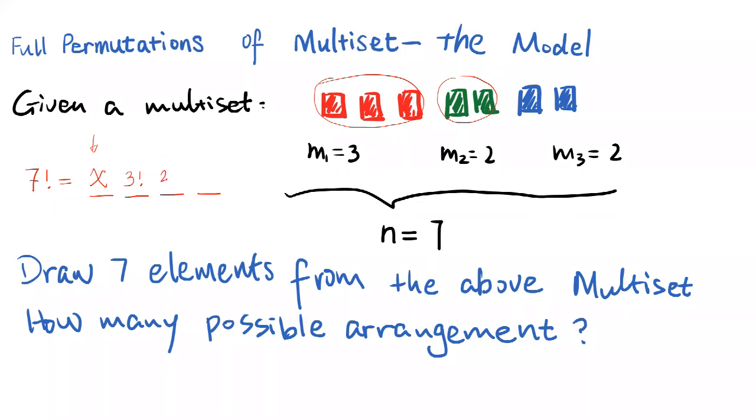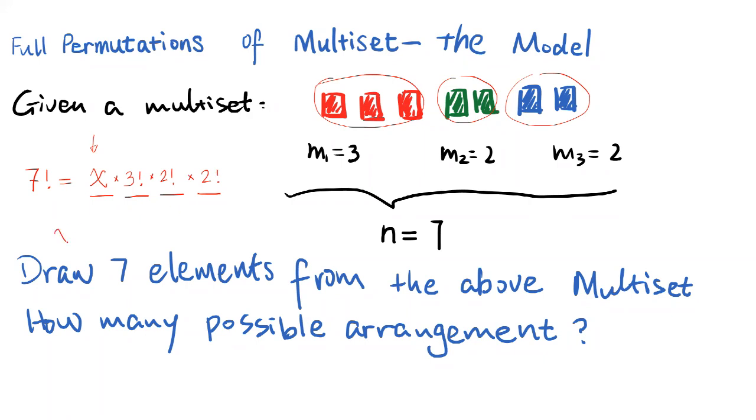So that means we have 2 factorial number of ways to do this. And similarly, for the 2 blue identical blocks, we have 2 factorial number of ways to do a full permutation, right? So 7 factorial equals x times 3 factorial times 2 factorial times 2 factorial.